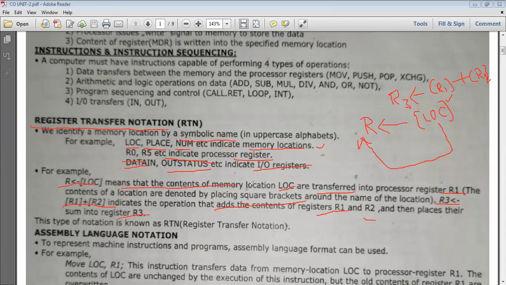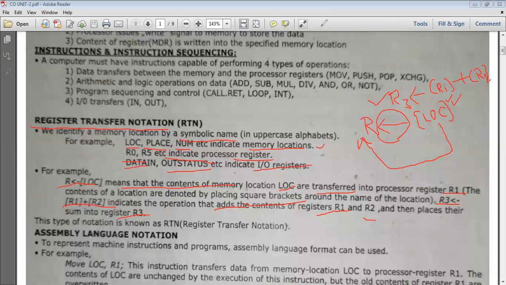Do you understand it? If we indicate like this, either locations or registers, based on the arrow mark we know from where to where the data is transferred, and which operation is being done on the registers or memory locations. This is about the register transfer notation.